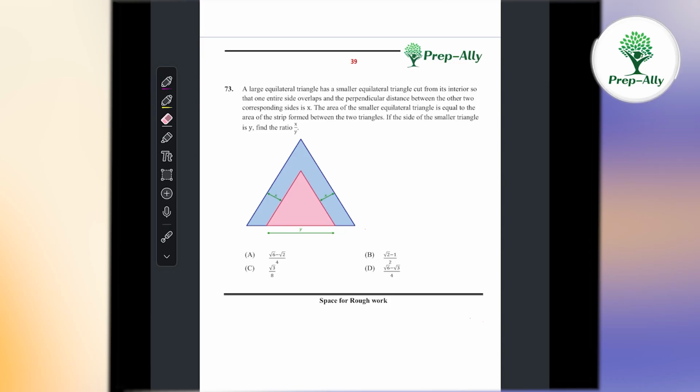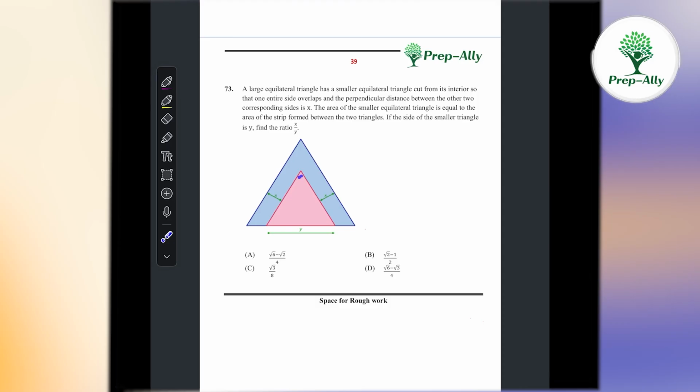So in the 13th question, we have a large equilateral triangle that has a small equilateral triangle cut from its interior, right? And one entire side overlaps, and the perpendicular distance between them is x, right?